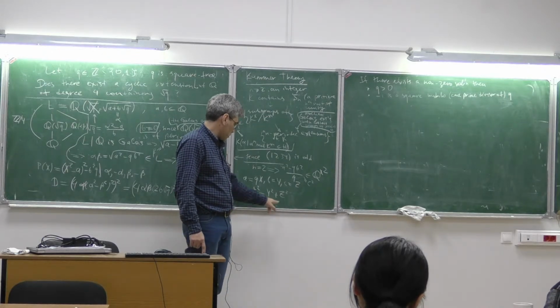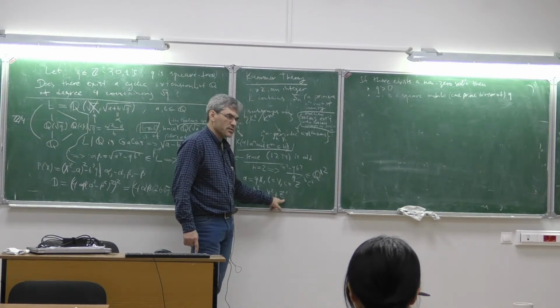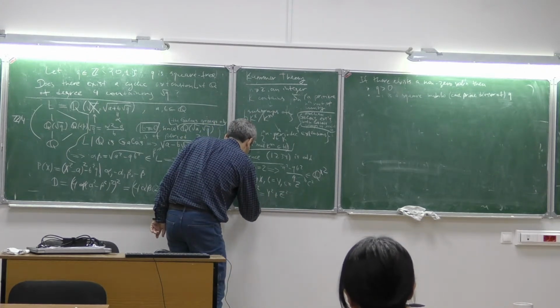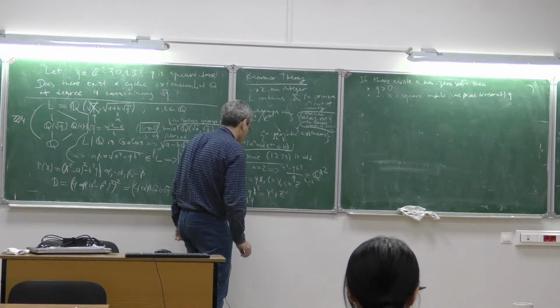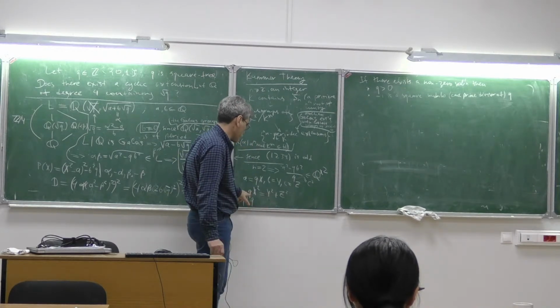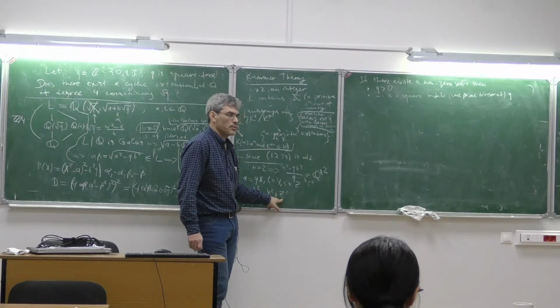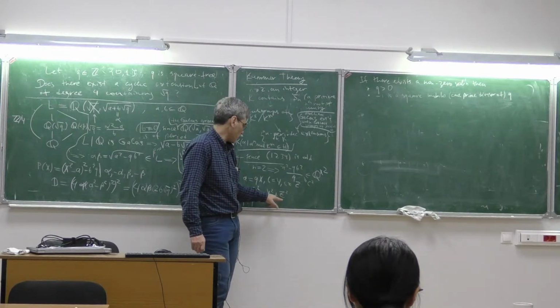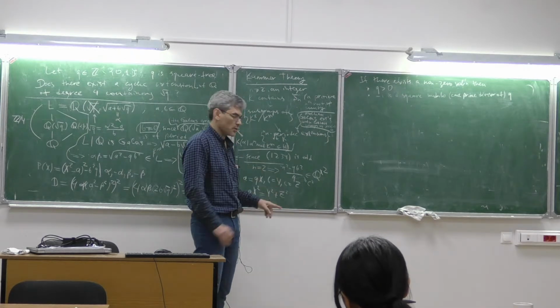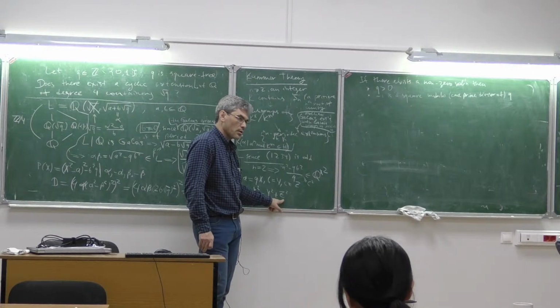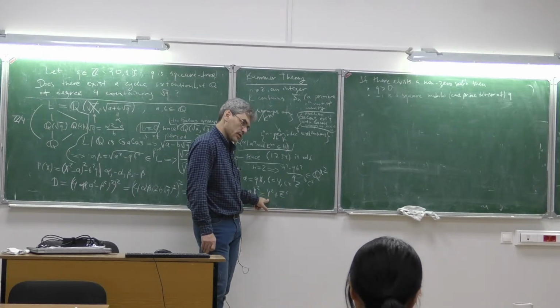So let us assume that p is a prime divisor of q, and consider this modulo p. Suppose that z is divisible by p. Z or y, they are in the same position. If z is divisible by p, then y should also be divisible by p.